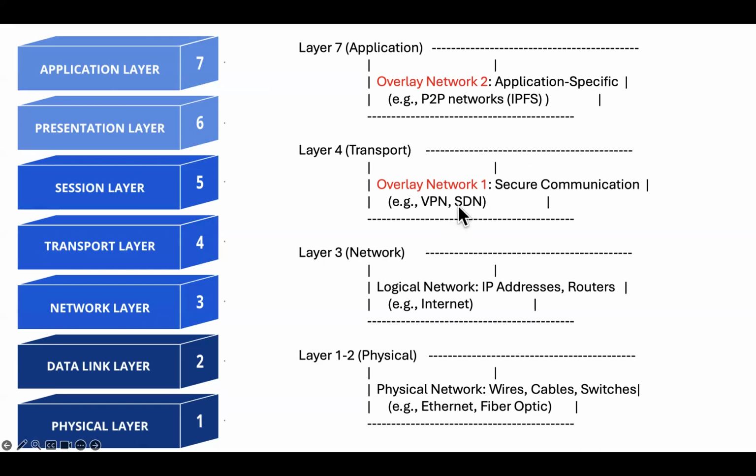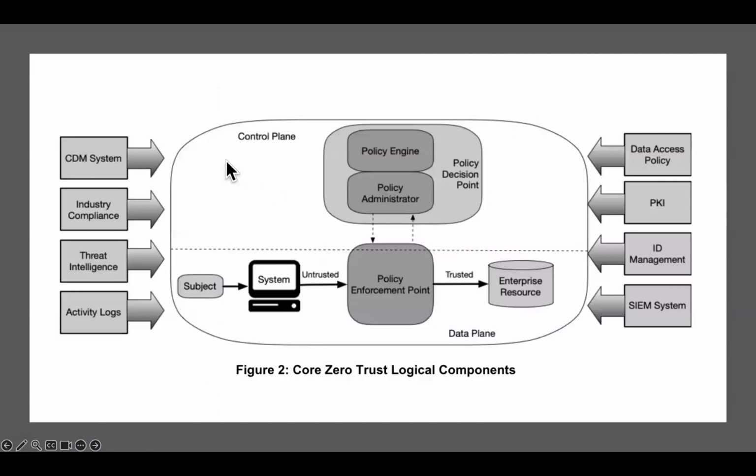So another overlay network example, SDN, software-defined network. By the way, one thing I didn't realize, the zero trust architecture built by NIST is a software-defined network because we can see the network divided into data plane and control plane here.